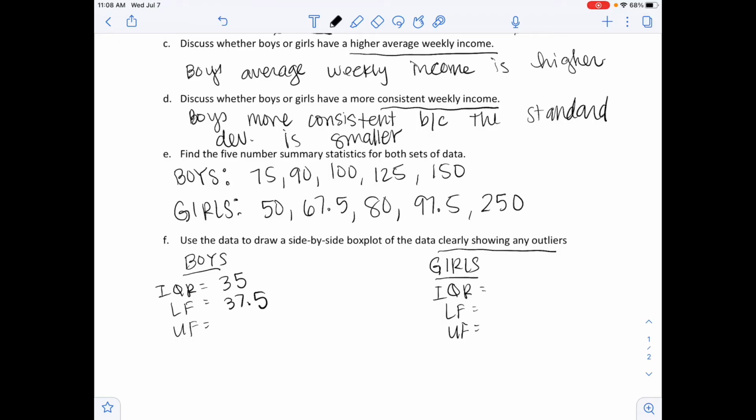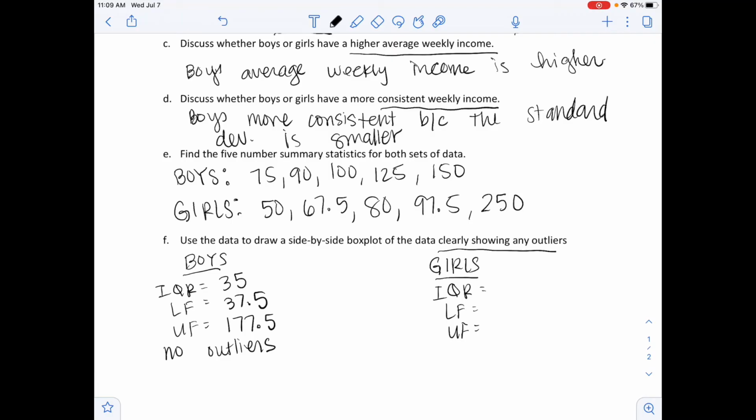And then your upper fence, which is Q3 plus 1.5 times the interquartile range, will work out to being 177.5. So now carefully look at your boys' data to see if you have any outliers. Again, outliers would be smaller than your lower fence or larger than your upper fence. And you'll notice that you have no outliers.